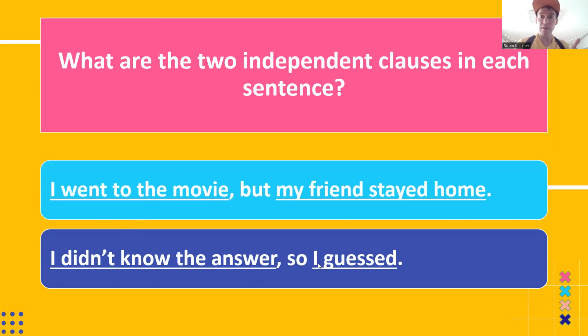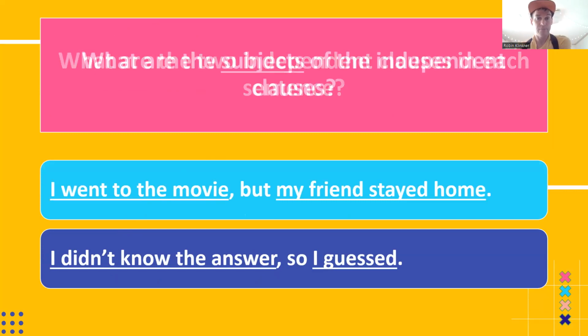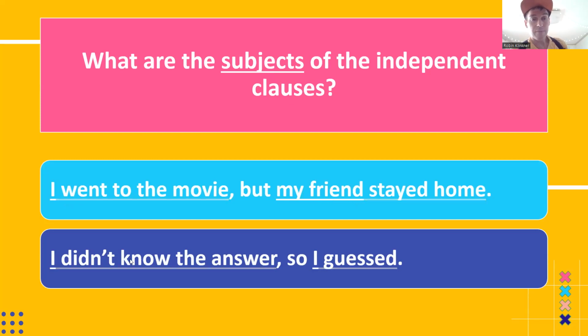What is an independent clause? It is a complete thought that has a subject and a verb. So what are the subjects? What is the subject in this underlined part? I. What is the subject in this underlined part? My friend. Down here, I.